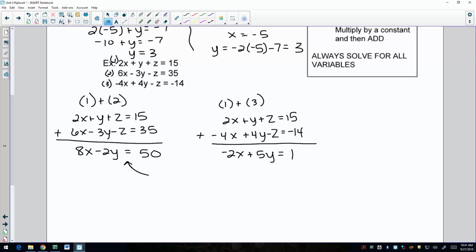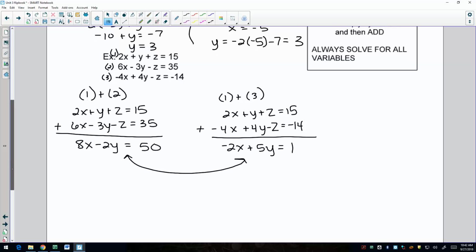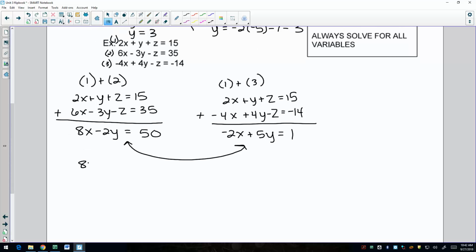Now I'm going to use elimination or substitution. I like elimination with these two, and get rid of either x or y. Then I can solve for x or y, and then I'm going to have to plug everything back in to find the other missing variables. So I'm going to rewrite these so they're on top of each other, and then figure out which variable I want to get rid of. Let's multiply the bottom one by 4.